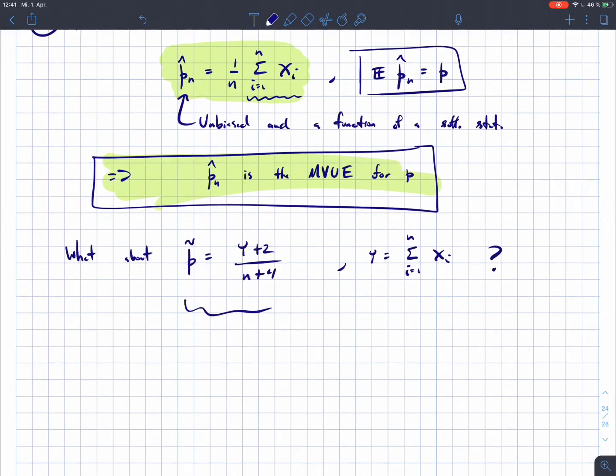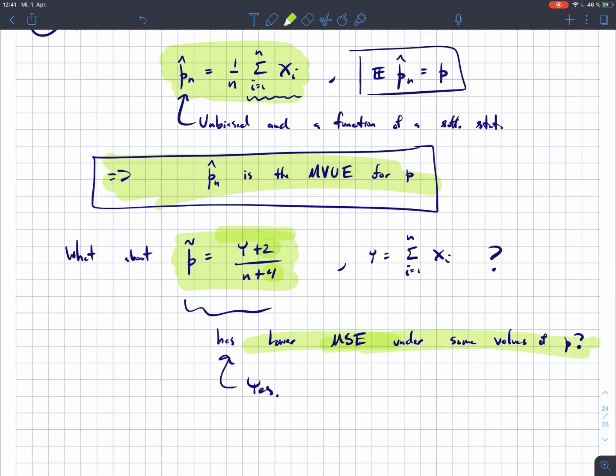Didn't we show that this has lower mean squared error under some values of P? Yes. This estimator, which we get by adding 2 successes and 2 failures to the data, does have a lower mean squared error under some values of P. And I would argue that it's a lot of the time way better than P hat.